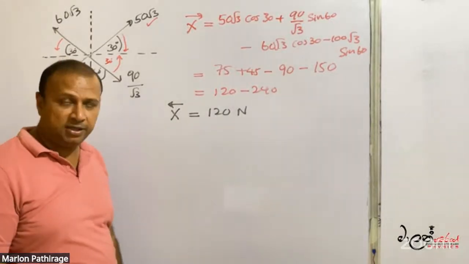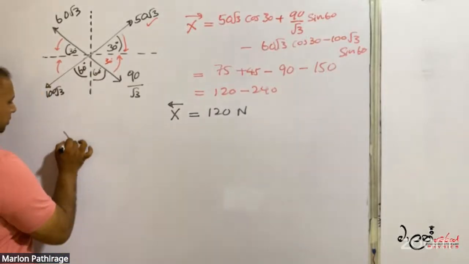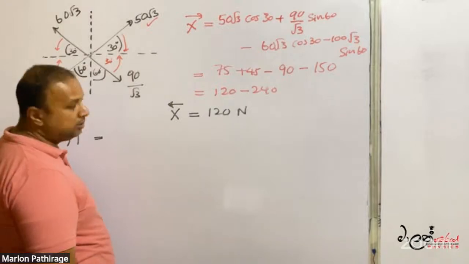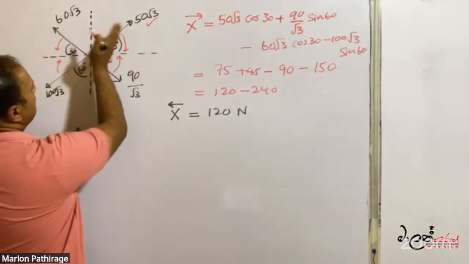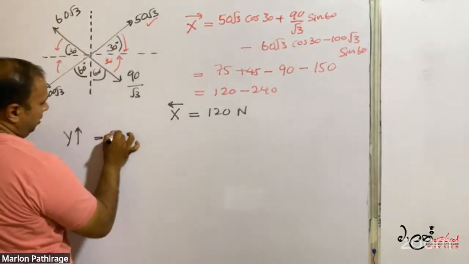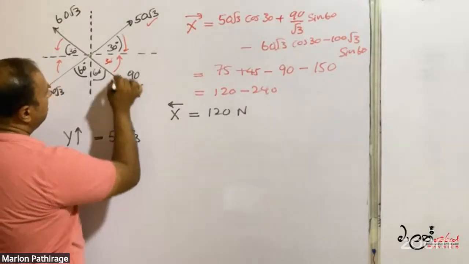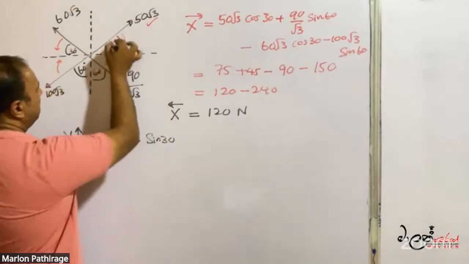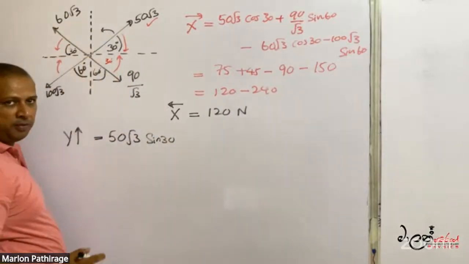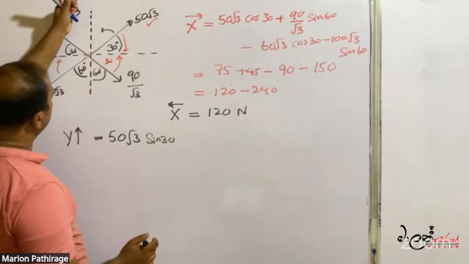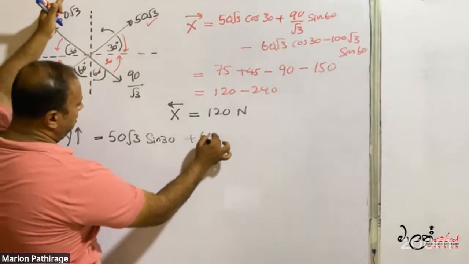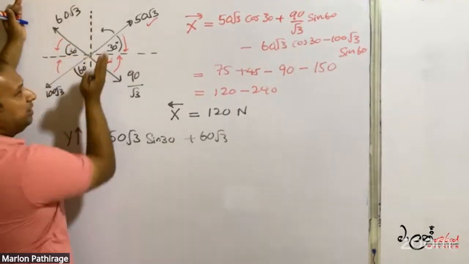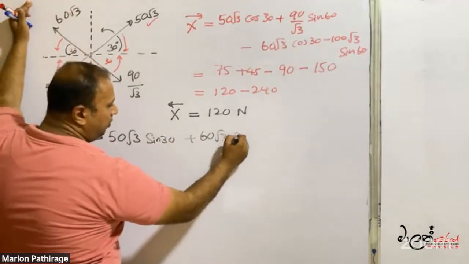Then you can determine the y component. So the y component is 50 root 3 sin 30. It will be positive, into the upper side. 60 root 3, again sin 30, that also positive.